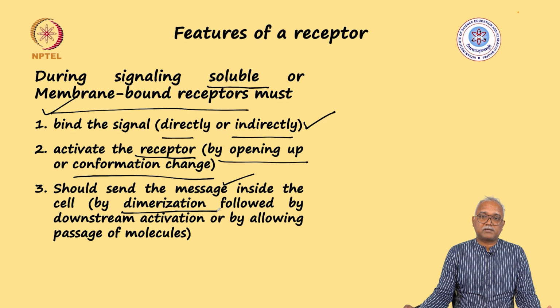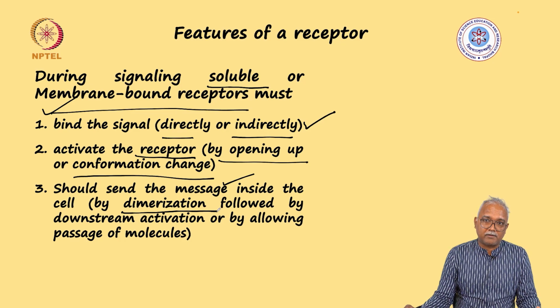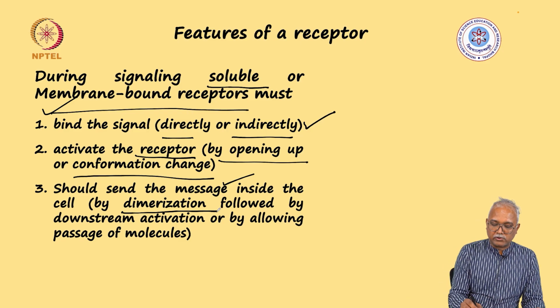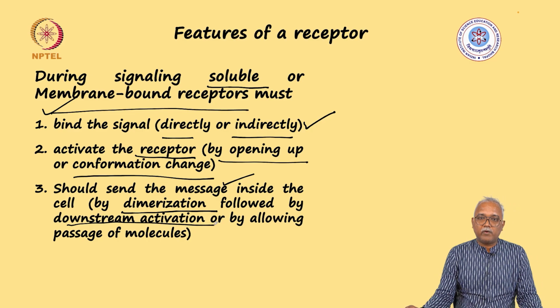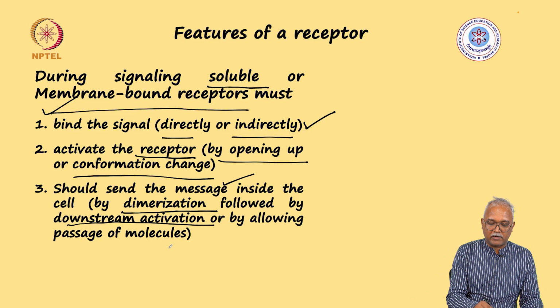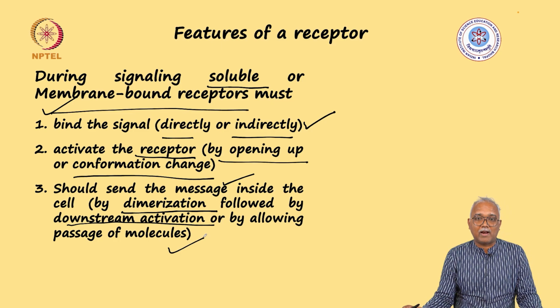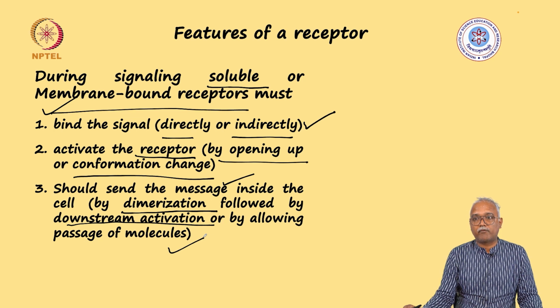Some receptors are dimeric by default and some undergo dimerization when facilitated by the presence of a dimeric signal molecule. This dimerization should initiate a cascade inside the cell, downstream activation, which will allow passage of molecules in case the receptor is a channel, or it should allow the movement of certain proteins which are effector proteins. In the previous class we saw there are signaling molecules, there are effector molecules.